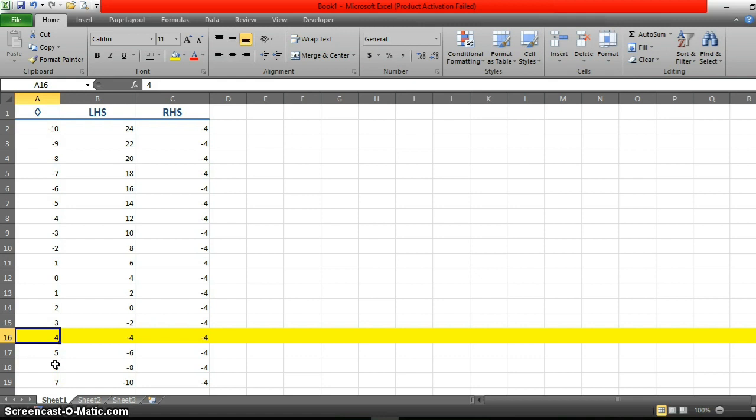It has the same value as Sandy got with the algebra process. So you can use Excel to help you find the solution of the linear equation. So do you understand, children?